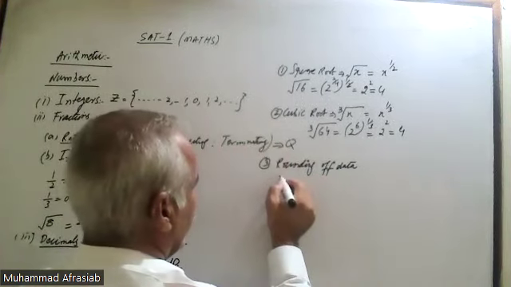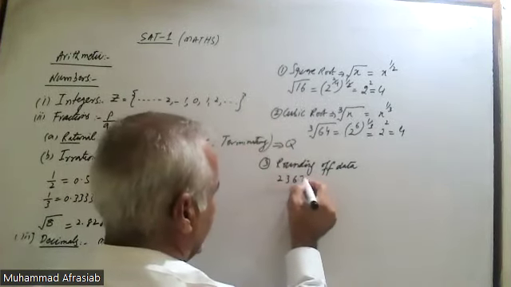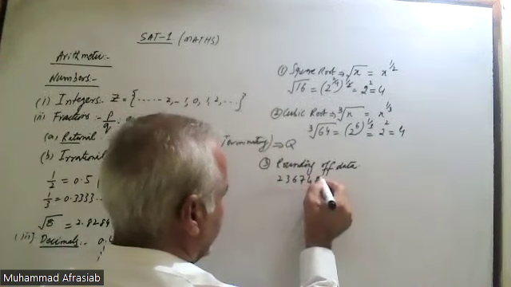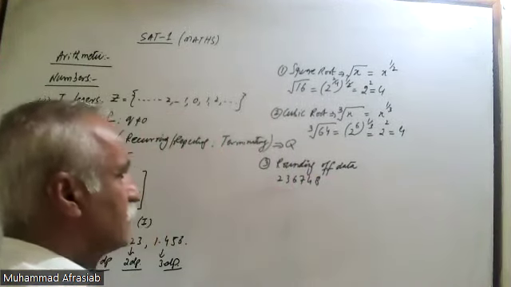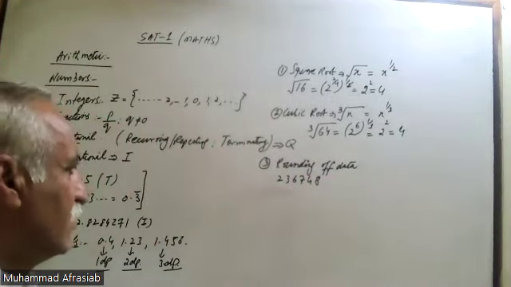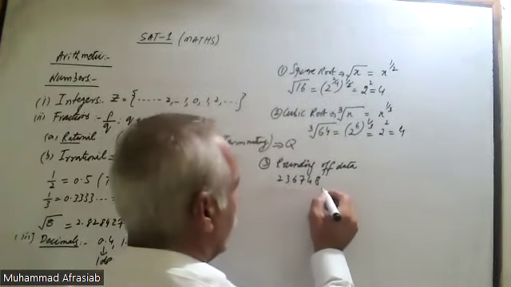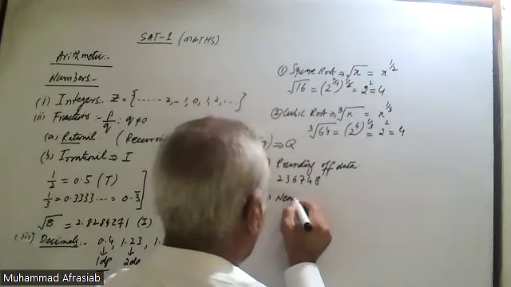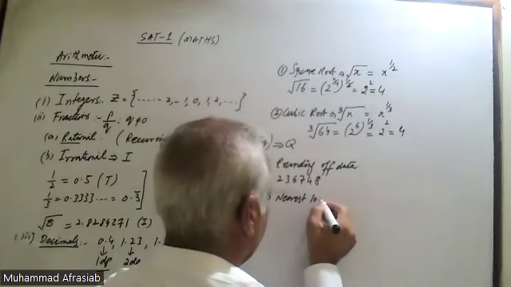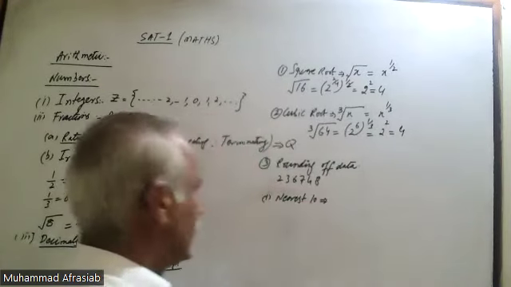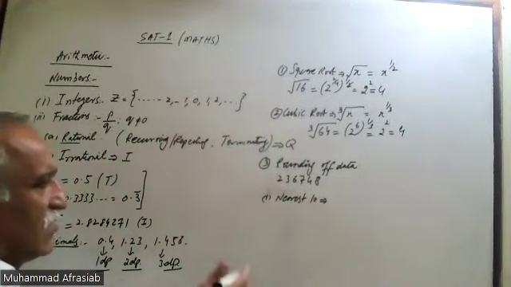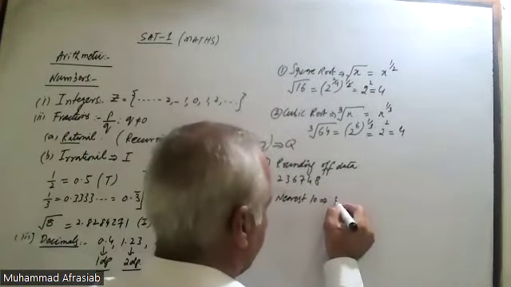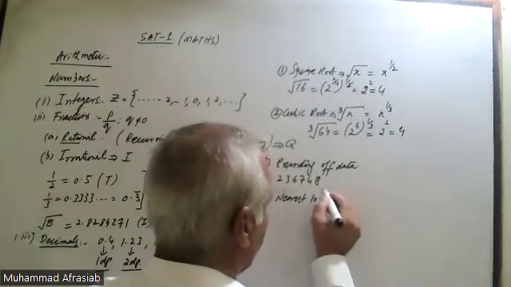Suppose a number is given, 236,748, and you are going to convert it to the nearest 10. We know that half of 10 is 5. So you will check the last digit.